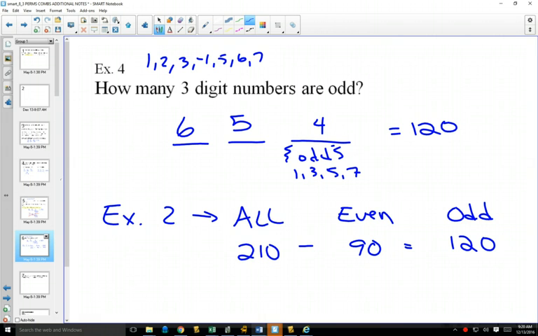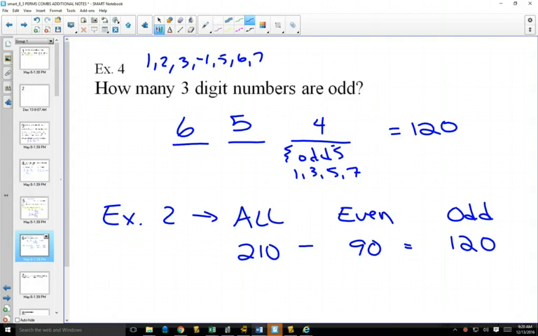And if you took the 210 and subtracted all the even ones, we would be left with all the odd ones, leaving us with 120. We're going to use this strategy as well. I call this the not strategy, where you count what you're not supposed to and subtract those bad ones from all of them, and you'll get what you want to count.